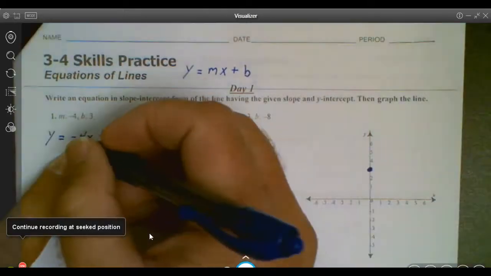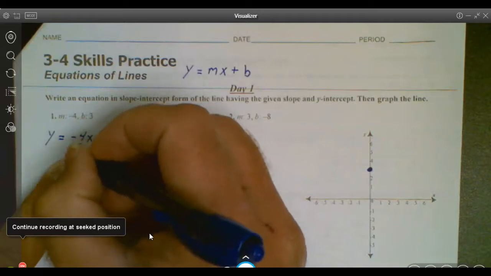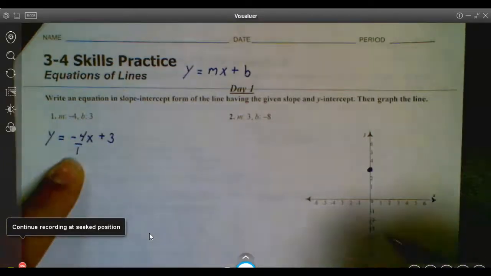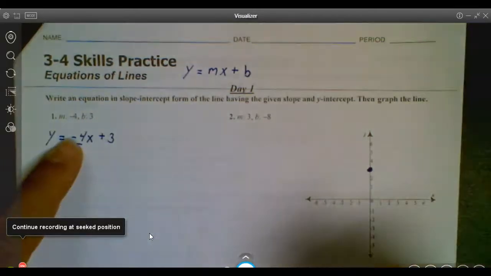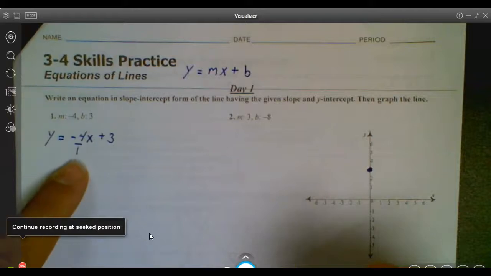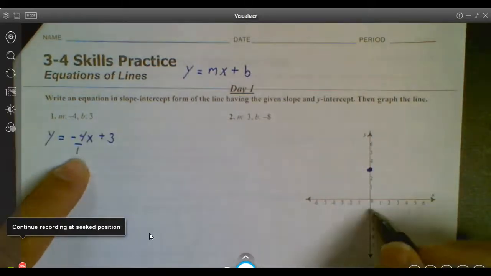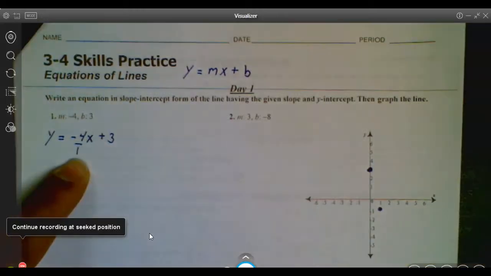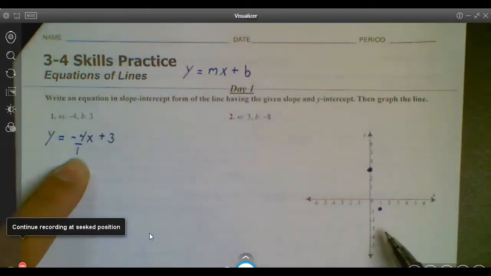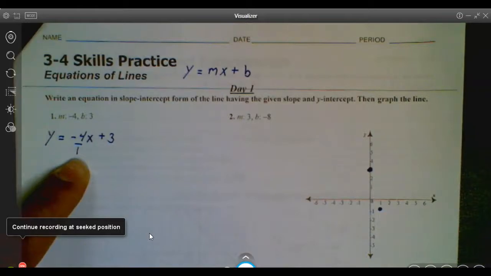So we know this one, that's the same thing as having negative 4 over 1. So from this y-intercept, I know to go down 4 over 1. So I'm going to go down 4 and over 1 to get my next point. Then all I would have to do from there is connect the dots, and I have my graph.